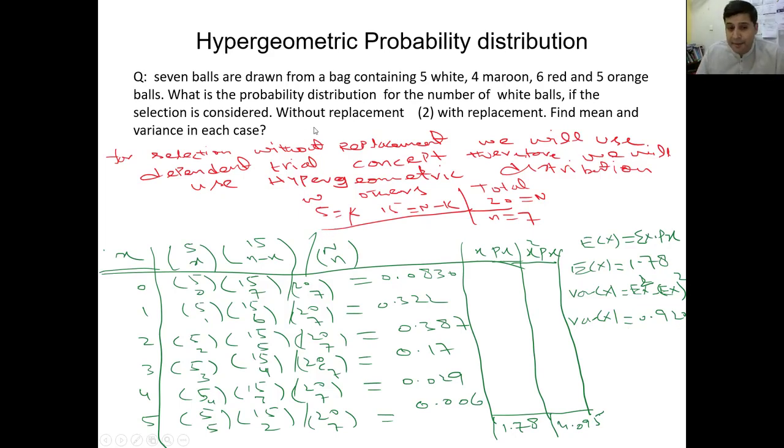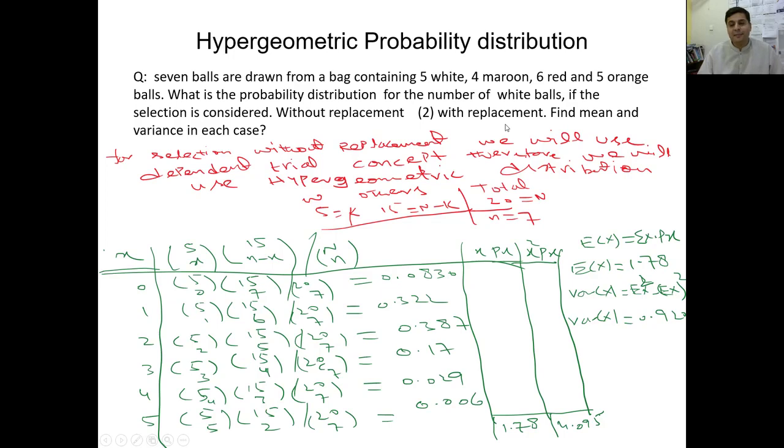This is the case of hypergeometric distribution when the trials are without replacement, because the trials and probabilities depend on one another. Now in order to solve with replacement: with replacement the trials will be independent, and the success probability will not change.